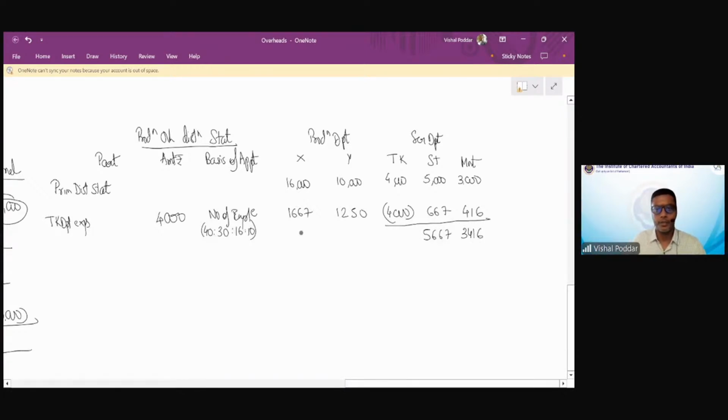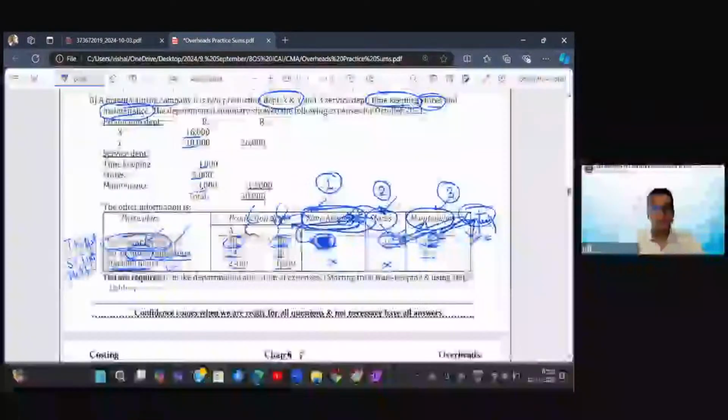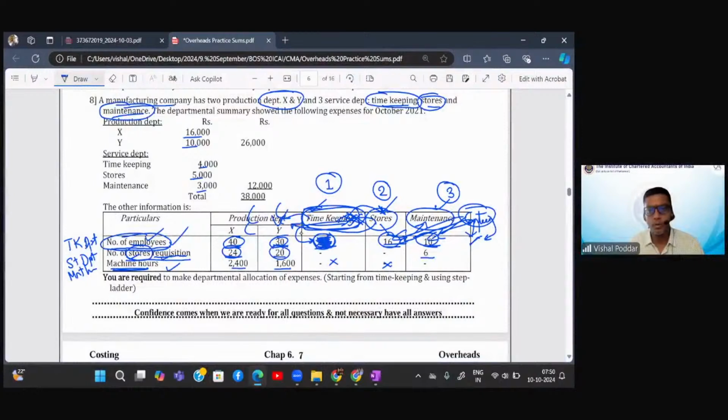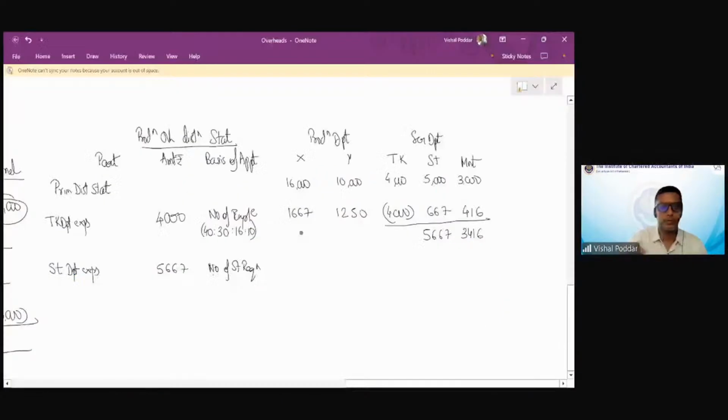3416. Now I take the second department, which is the stores department, for which I have 5667. And the basis is number of stores requisition, which as per the data is 2426. Correct? So the total of this is 50. So again, dividing this.